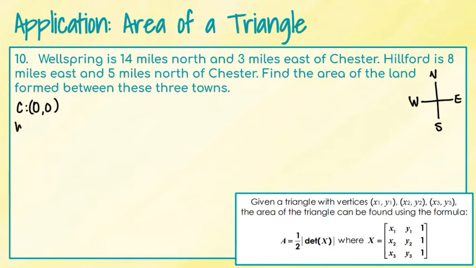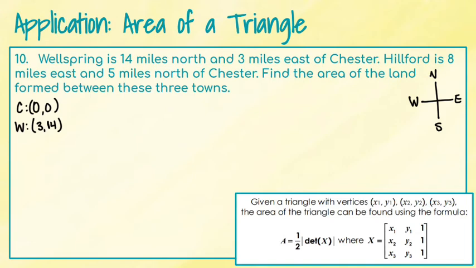So Wellspring is 14 miles north and 3 miles east. So if we went 14 miles north and 3 miles east, that would be somewhere up here, and the point would be 3,14. So it's a little confusing because they give you north to south first, but north to south is up and down, and that goes in the place of y.